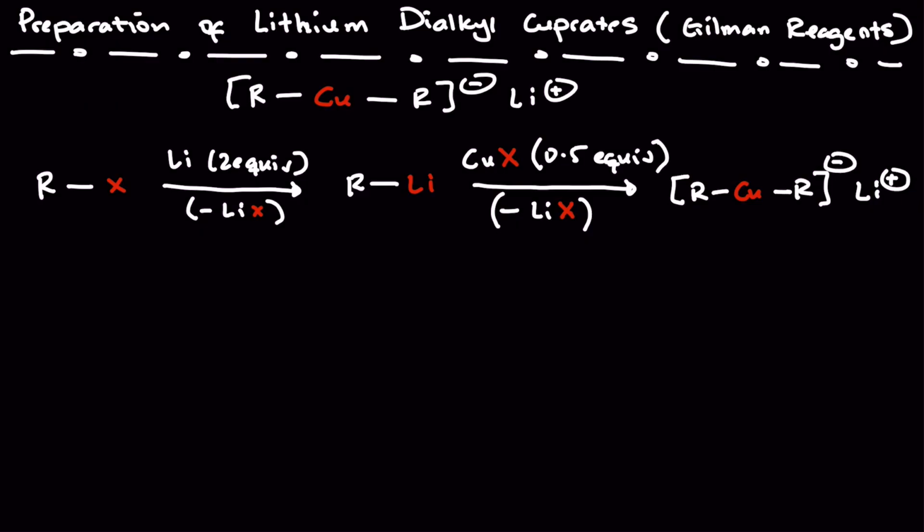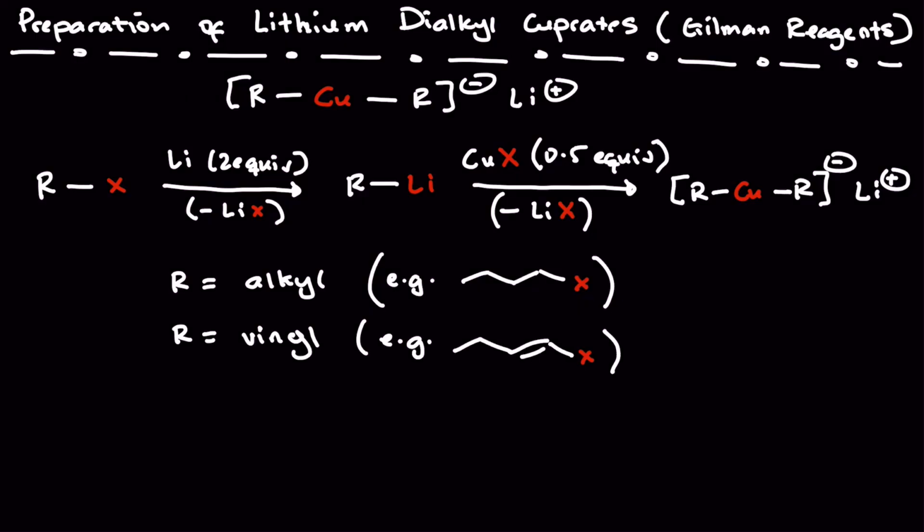The scope of this reaction is similarly as vast as the scope of preparing organomagnesium and organolithium species, which is to say that you can use an alkyl group for your R, for example, an alkyl halide. You can also use a vinyl group for your R, like we've seen here with our vinyl halide.